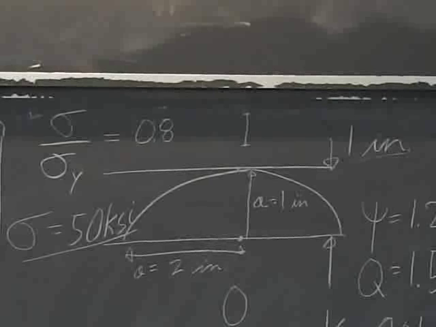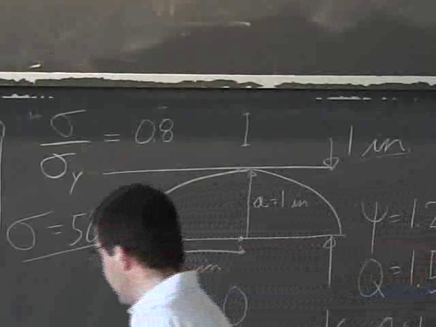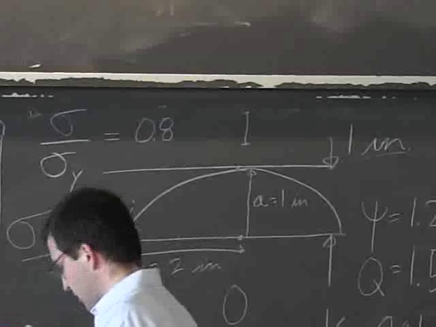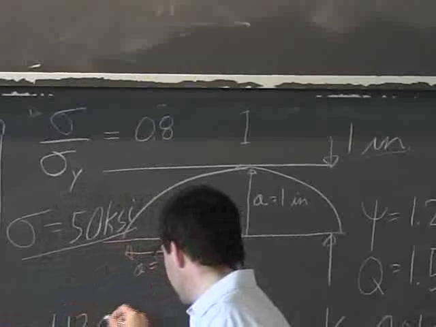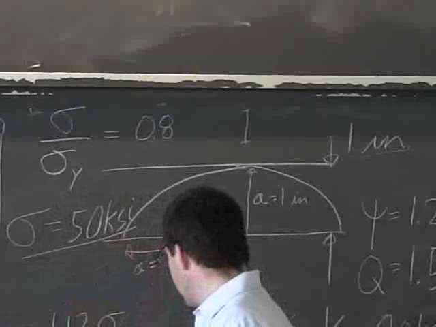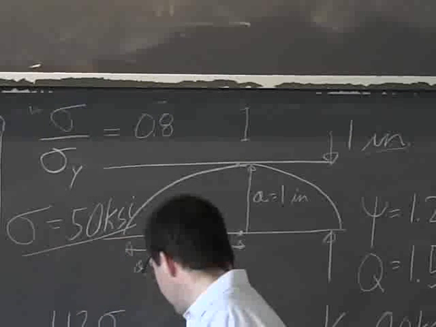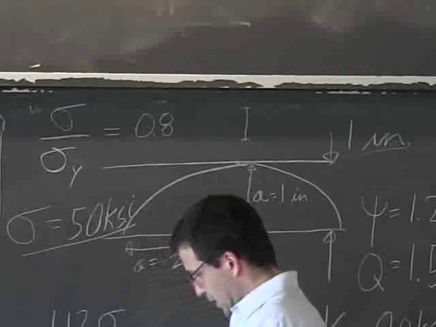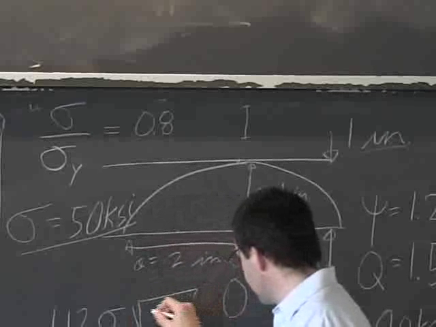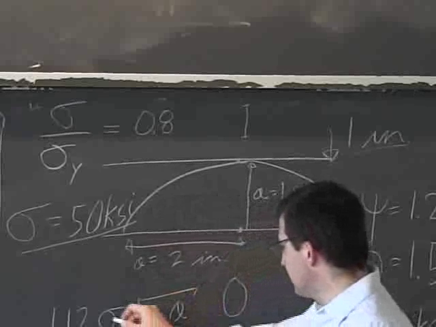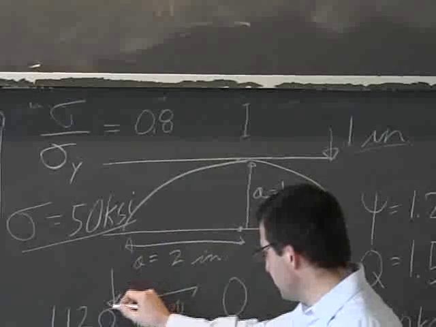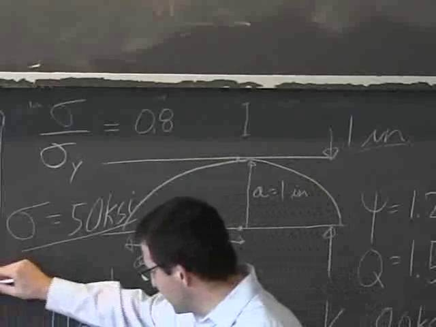If I have a milder steel, I get two effects. I have this equation here, K is 1.12 sigma square root of pi a, with the crack length here. If I go to mild steel, this number is going down and this number is going up.